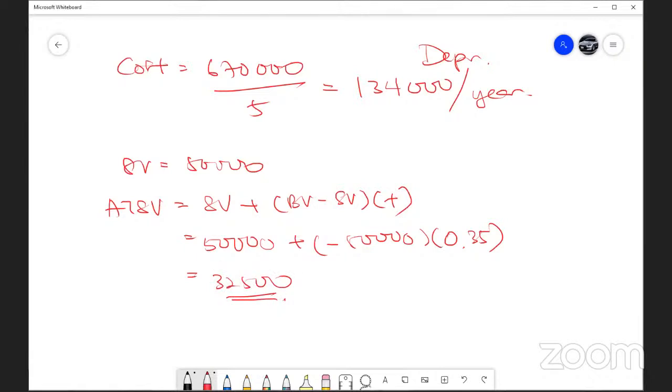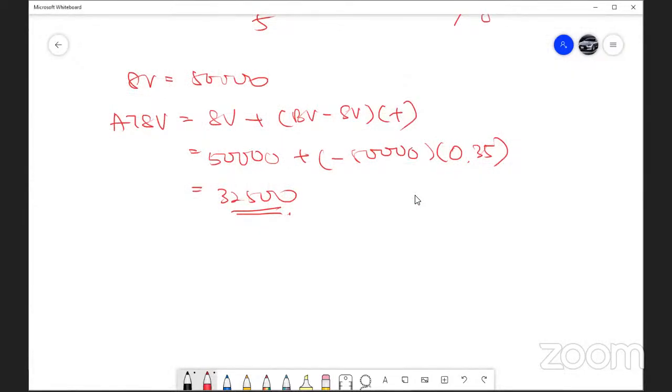Okay, so count your OCF for year 1 to year 5, for the 5 years. So again, use OCF: sales minus cost times 1 minus T, plus T times depreciation.